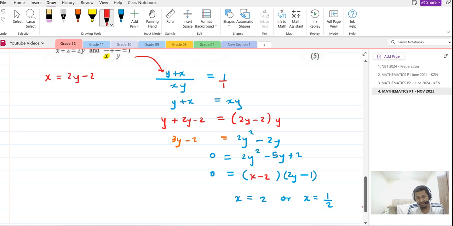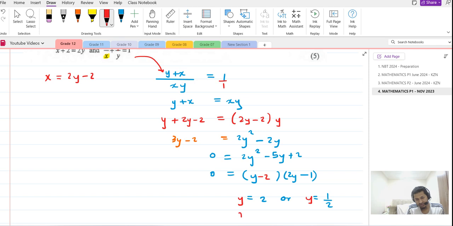Now I'll take the value of 2 and put it into, it shouldn't be x equals, it should be y equals. Yeah, it should be y minus 2, not x. Just be careful guys, because the variable you're solving for is y. So y equals 2, y equals half. Now you're going to take the value of 2 and put it inside this x here. So if y is 2, 2 times 2 is 4, 4 minus 2 is 2.